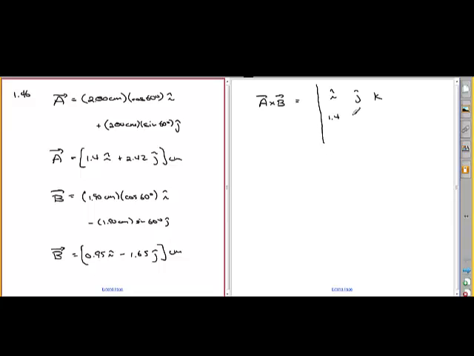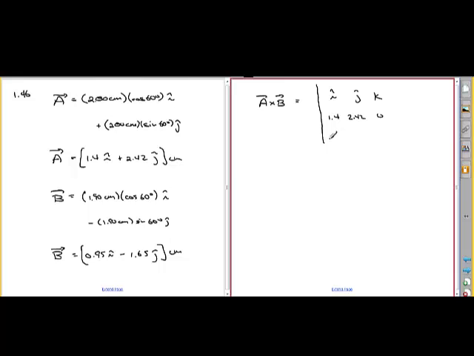And if you remember the previous one we did, the only non-zero result is this k vector.